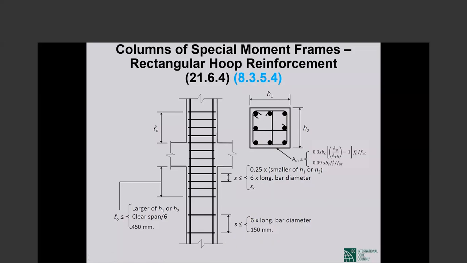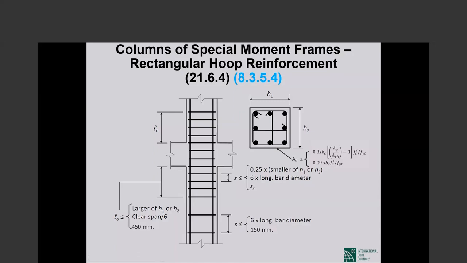Okay, so the spacing nowhere shall exceed 6 inches or 6 times longitudinal bar diameter, whichever is the smaller of the two. This again is a very, very good thing we have done, but this is pretty tough. I hope you understand. No more than 6-inch spacing anywhere along the height of a special moment frame column. Okay, this is as opposed to the 12, 14 inches we are used to.